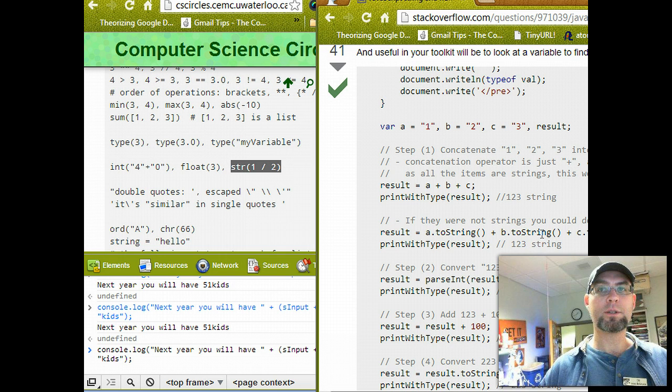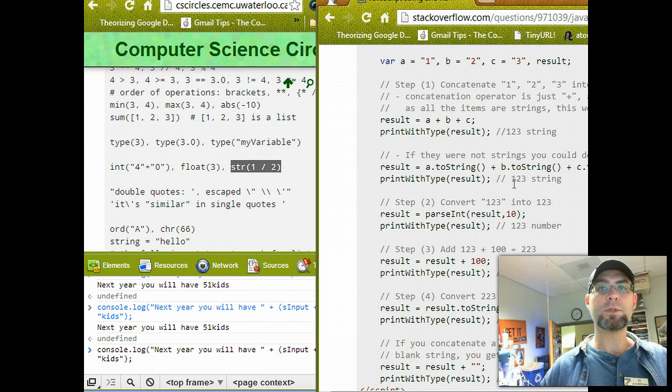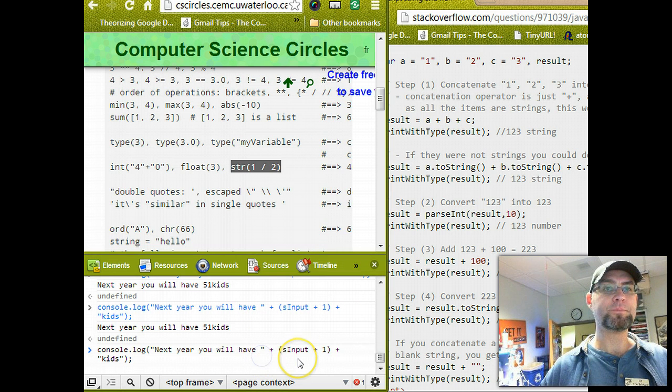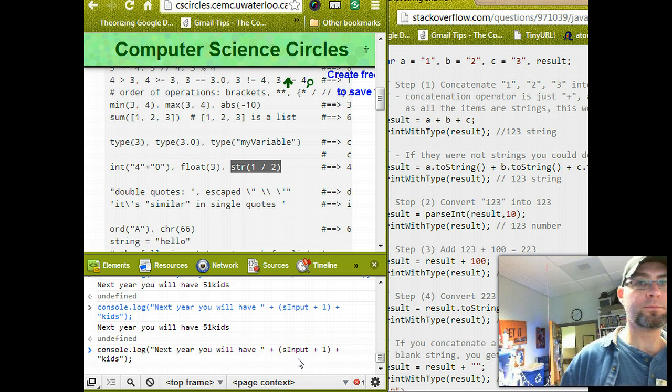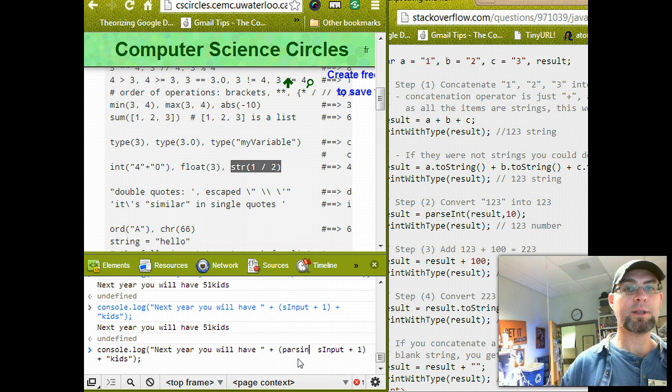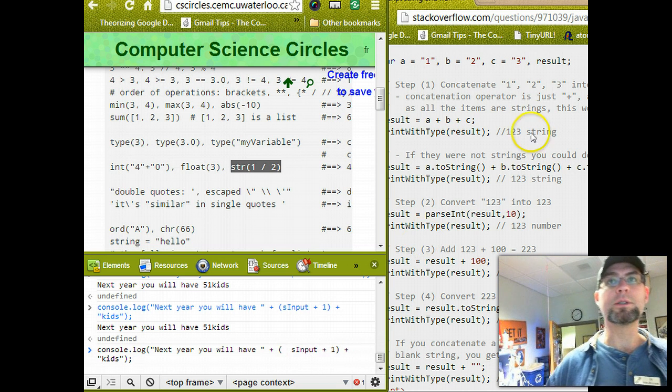After a while you just get good at figuring these out. So what was it? Parse int, right? S input plus parse int. I can't remember what it was.